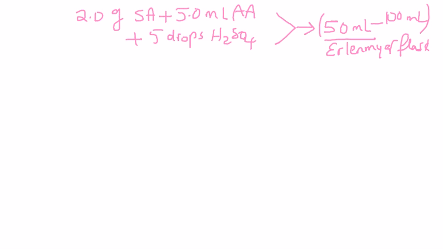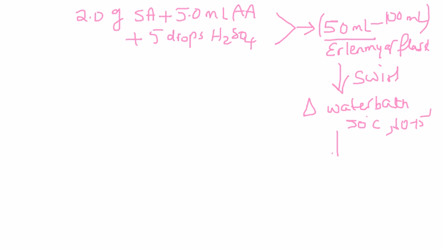We sometimes have also used 100 milliliters, but that doesn't matter. The idea is that it should not come out of the solution. We are going to swirl it, and we are going to heat it in a water bath. We have to maintain 50 degrees Celsius for at least 10 to 15 minutes. That has to be given.